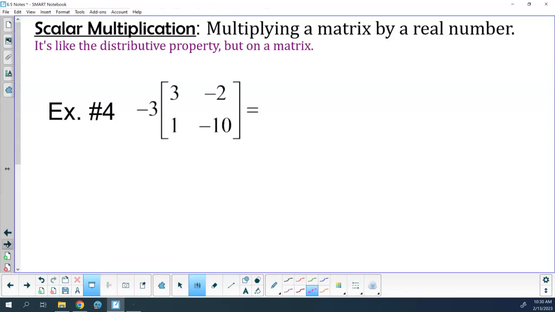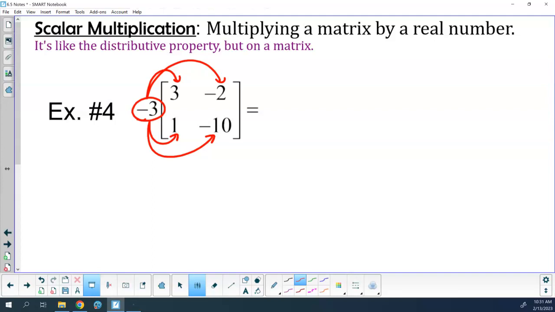So you have a number, a single solitary number out in front of a matrix, and all that happens with that is that number gets multiplied into every single element within that matrix.